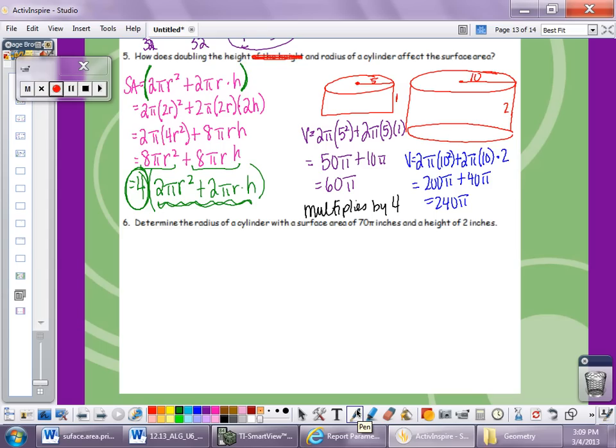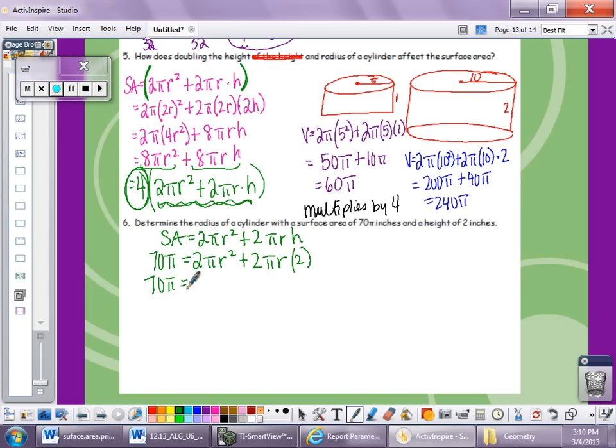So we're talking about a cylinder, and we're talking about surface area. So I'm going to start out with surface area equals 2 pi r squared plus 2 pi r h.